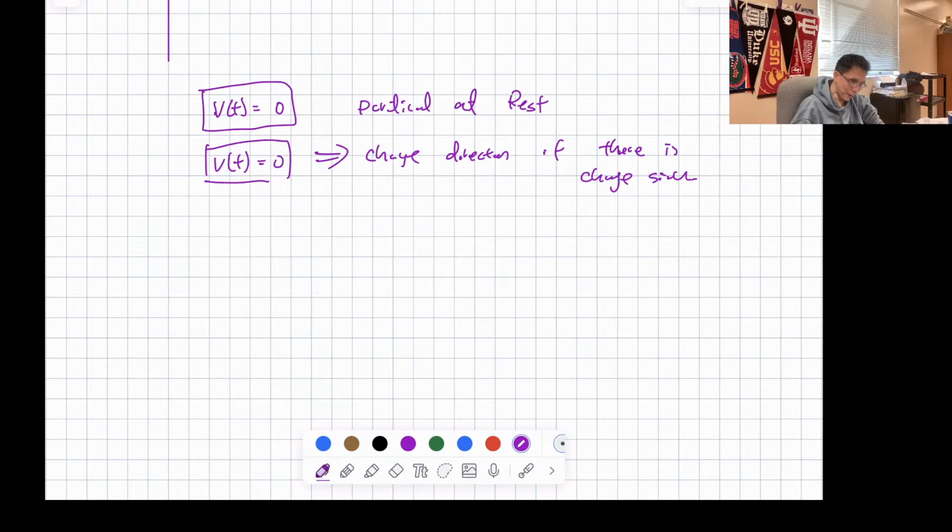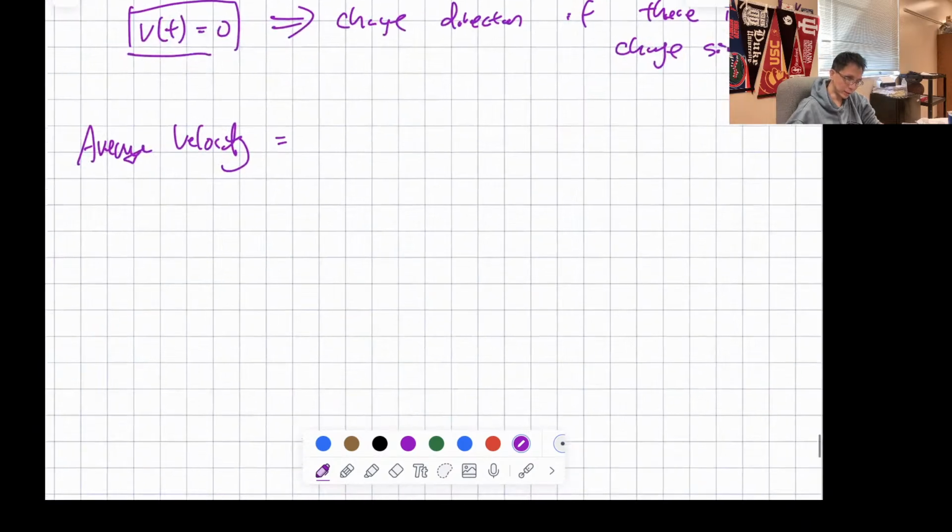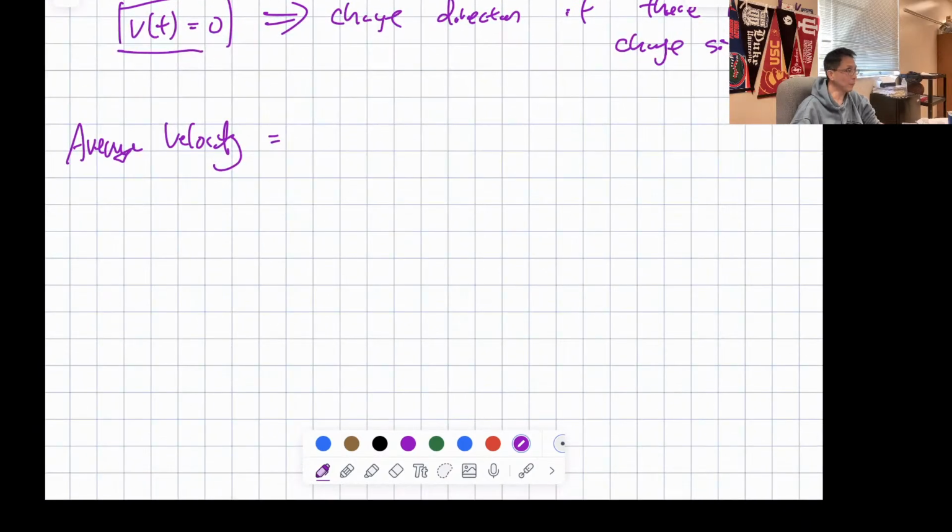Now, how do I find the average velocity? How do I find an average velocity from positions? What'd you say? 1 over b times what? Good idea, but if I give you a position function, you don't need to take an integral. So if a position function is given, what do you do?